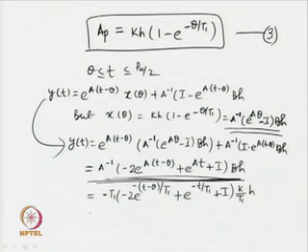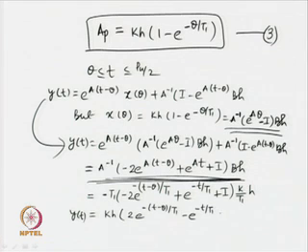So, which further with the collection of terms can be written in the form of y t is equal to k h 2 e to the power minus t minus theta by T 1 minus e to the power minus t by T 1 minus 1.